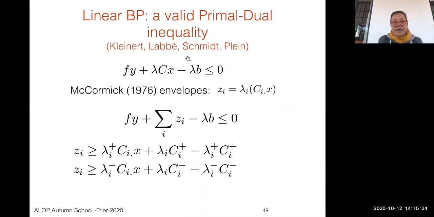And so you can relax this condition by replacing it by this constraint plus those two for each i. And here again, what you have is that Ci plus is an upper bound on Cix, so you can find it by maximizing Cix for x feasible.